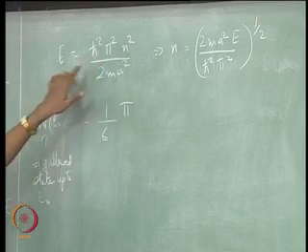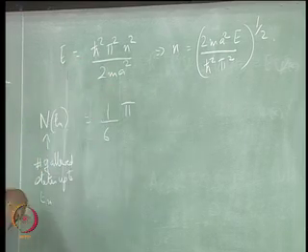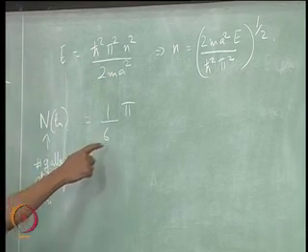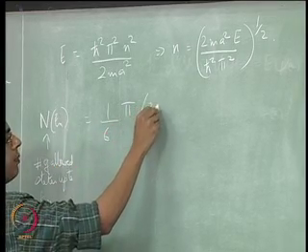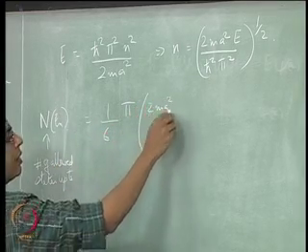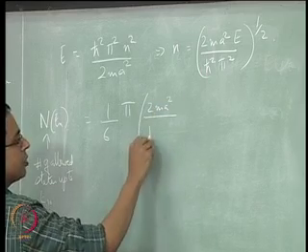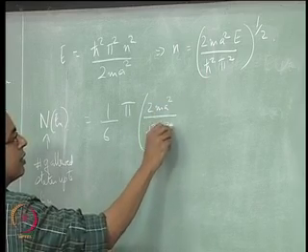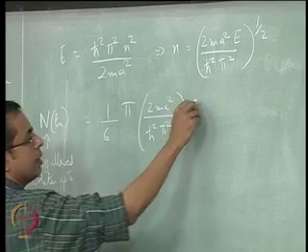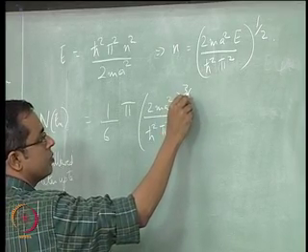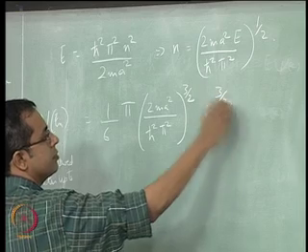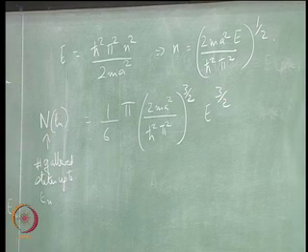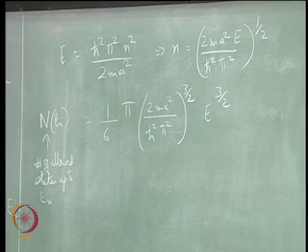So this is n power half, and we need 1 by 6th pi n cube. So this simply will become 2 m a square by h bar square pi square power 3 by 2, E power 3 by 2.